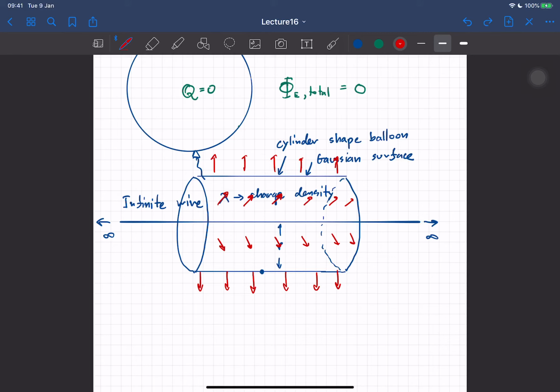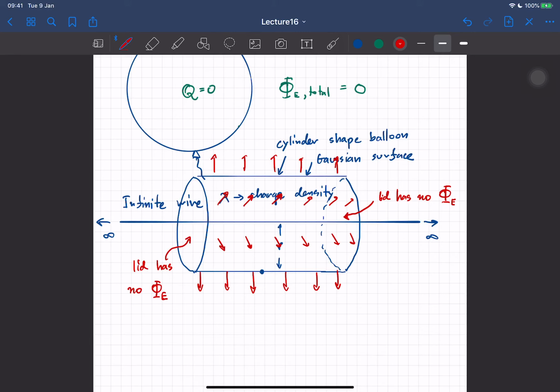That means for the lid of the cylinder, this surface, there will be no electric flux, because the electric field points perpendicular to the area vector. If your electric field and the area are perpendicular in this way, then there's no electric flux. So the lid here has no electric flux.